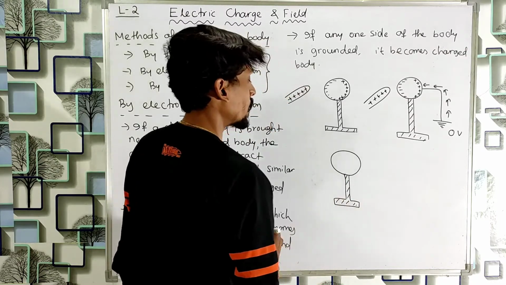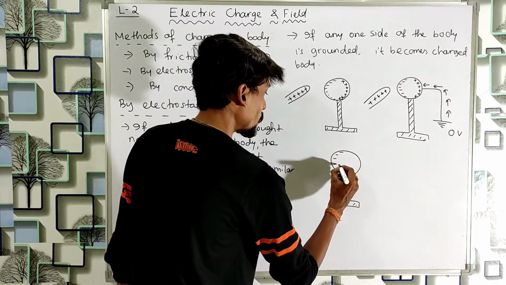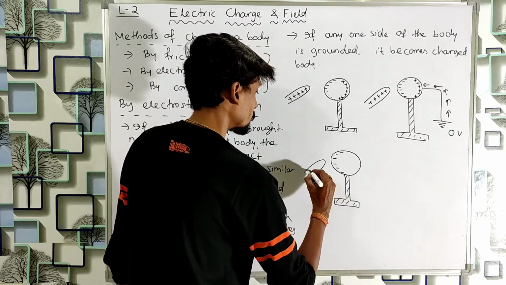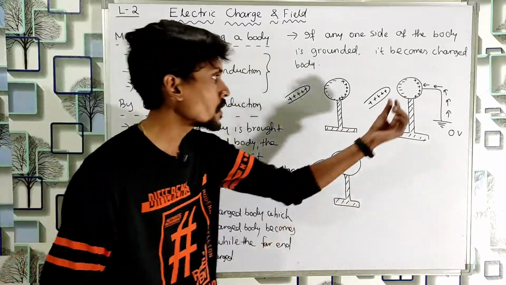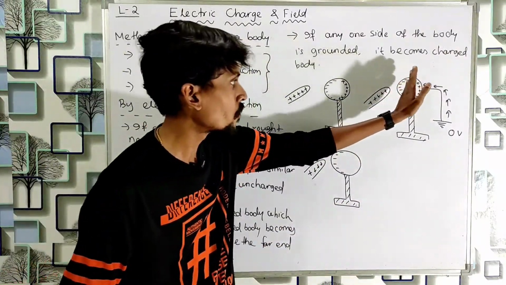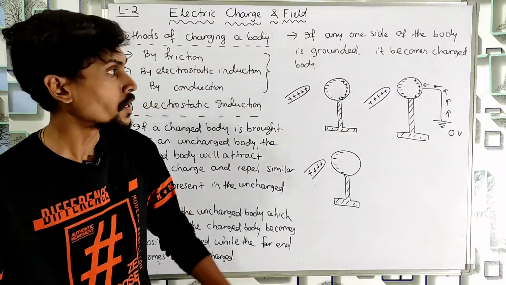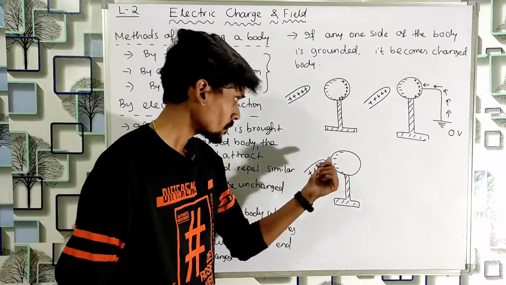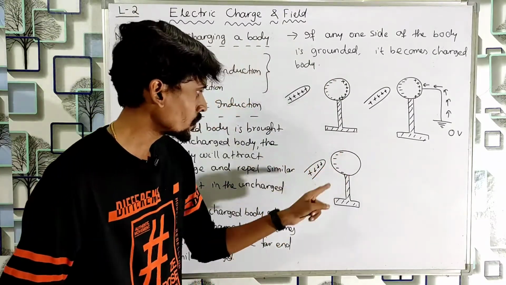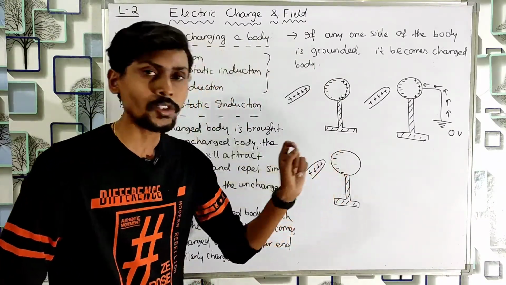We are only left with the negative charges. So you can say that by grounding this end, we have removed all the positive charges induced at the farther end. But now due to attractive force, the electrons are accumulated at this region.